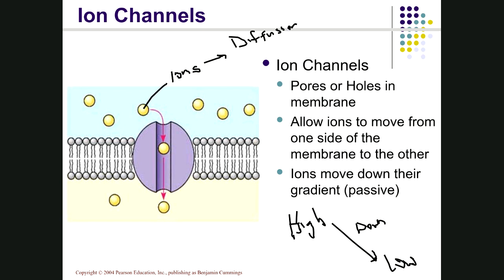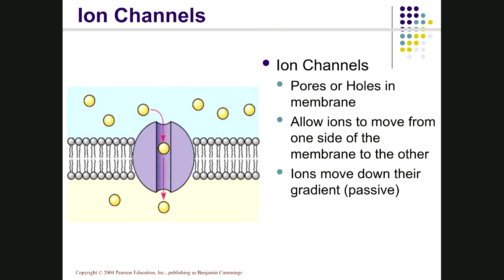It's kind of like water flowing down a hill. Well, if we look here and count how many ions there are out here, look, there's more ions on this side of the membrane than on this side. So in other words, we have a high concentration on this side, and a low concentration on this side. And so they're going to diffuse.